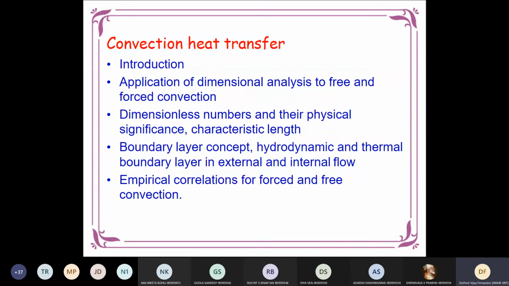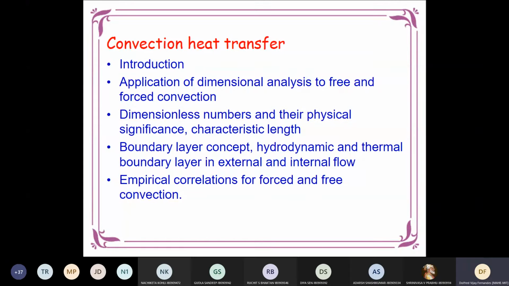And I will tell you how to use empirical correlations to calculate the heat transfer coefficient and then estimate the heat transfer. This is again a very important chapter, but very easy, because we are not going to do any big analysis or obtain correlations by experiments, but just use the existing correlations to calculate the heat transfer.